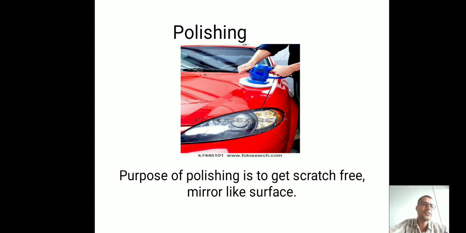We know polish. So polishing is an operation in which the surface of the material will become scratch free, clean, very smooth, mirror-like. Correct? That is nothing but the polishing operation.